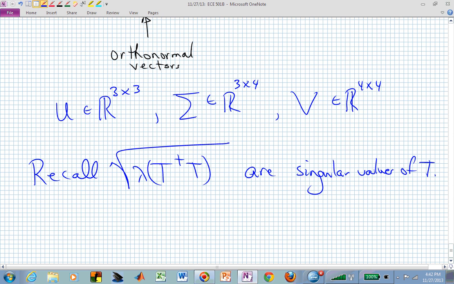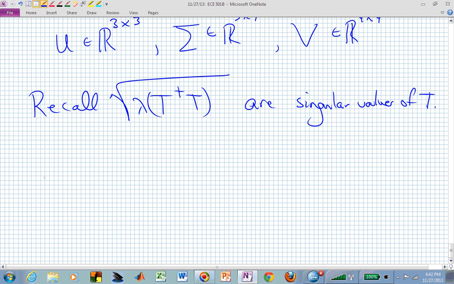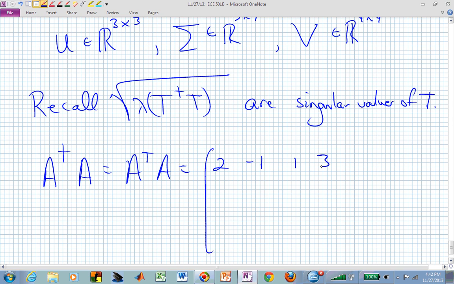If we looked at A dagger A, since we're dealing with real matrices, we don't need to worry about the conjugate, do we? This is now A transpose A, which ends up being 2, minus 1, 1, 3; minus 1, 2, 1, 0; 1, 1, 2, 3; and 3, 0, 3, 6.